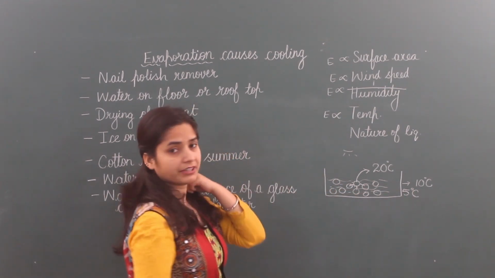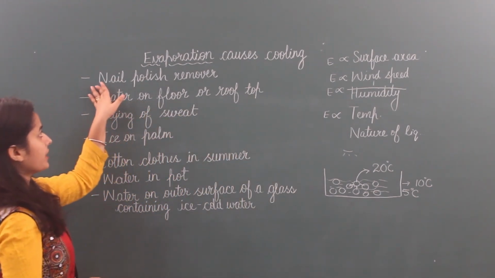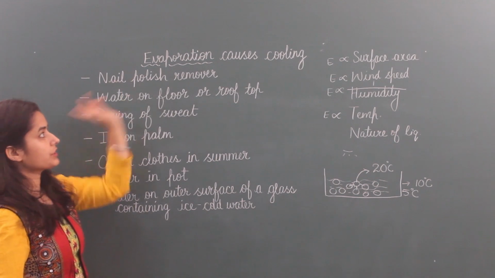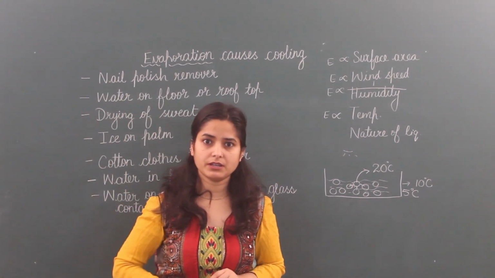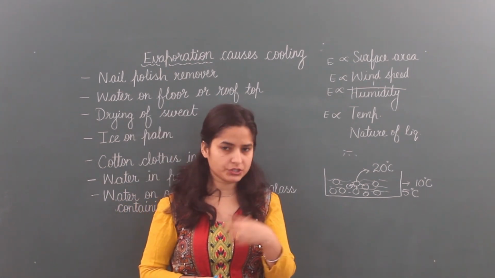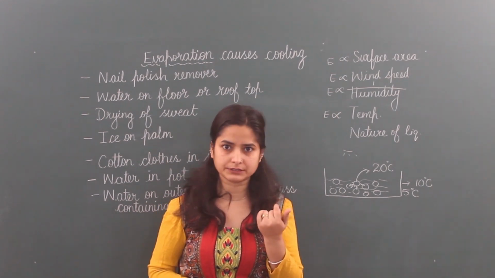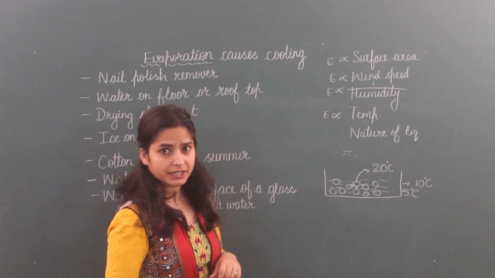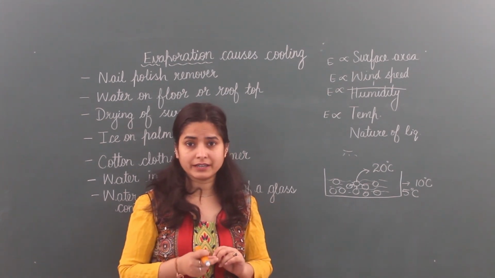So in daily life we can check it with different examples. First, nail polish remover. Nail polish remover contains acetone. Everyone has seen at home that nail polish remover is used to remove nail polish from the nails. Now what happens? Try to apply it on skin or nail.